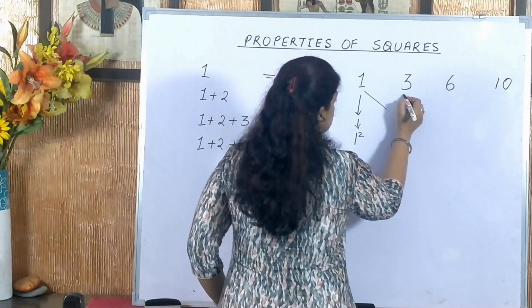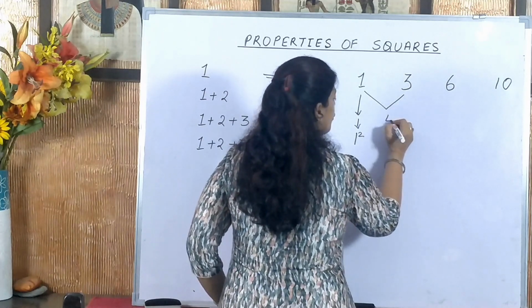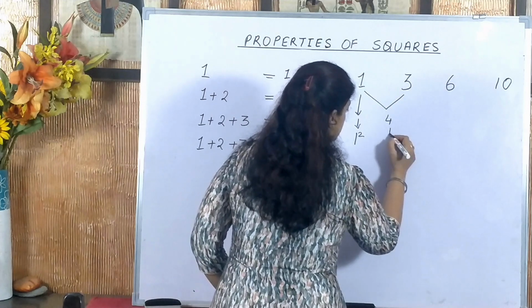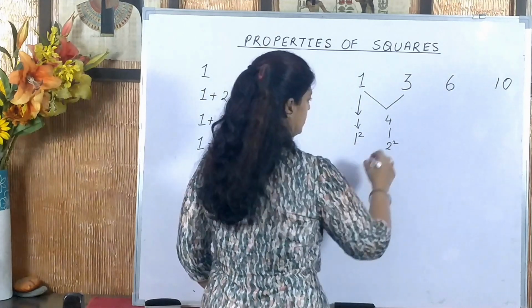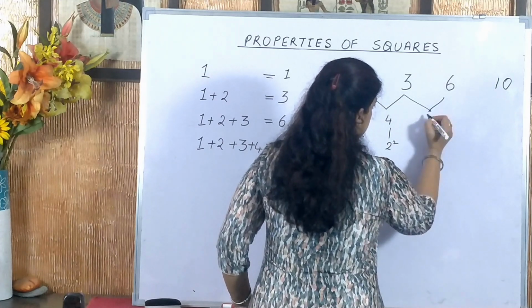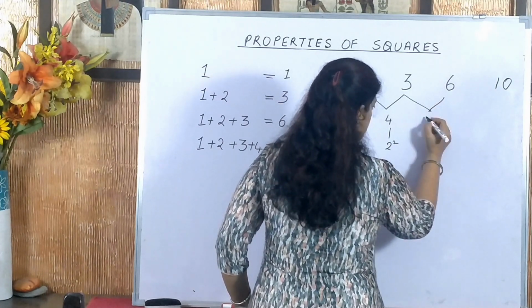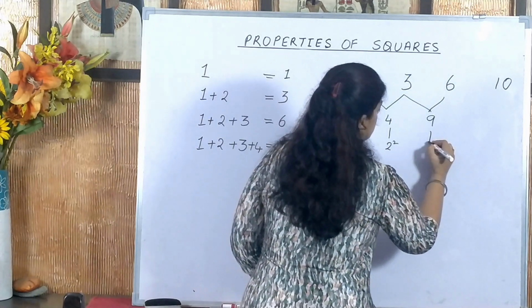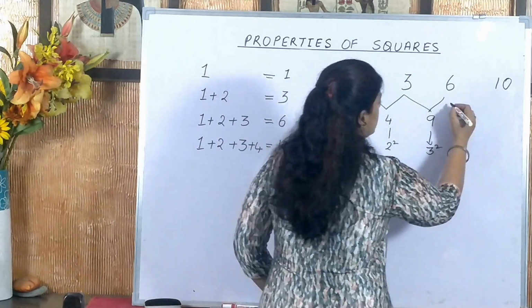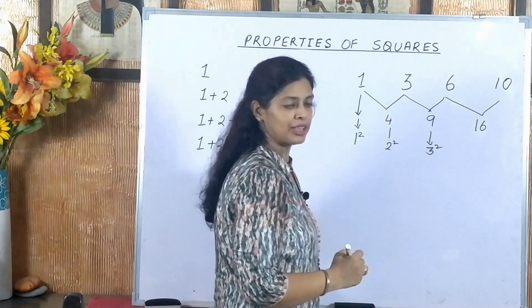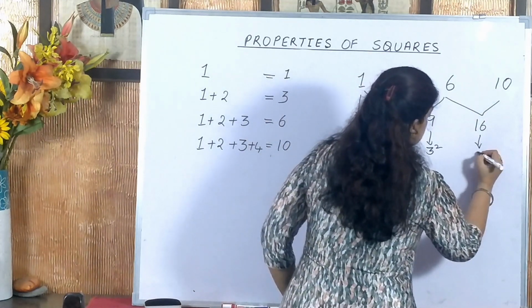And adding 1 plus 3 gives 4. 4 again is a perfect square number. 4 is 2 square. The next two consecutive triangular numbers, 3 plus 6, adding 3 plus 6 gives 9. 9 again is a perfect square number, which is 3 square. Adding 6 plus 10 gives 16, which again is a perfect square number, which is 4 square.